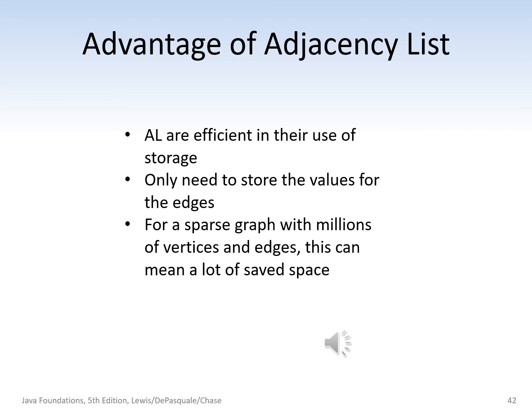Adjacency lists are efficient in their use of storage because we only need to store the values for the edges. So for a sparse graph that has millions of vertices and edges, this can mean a lot of saved space.